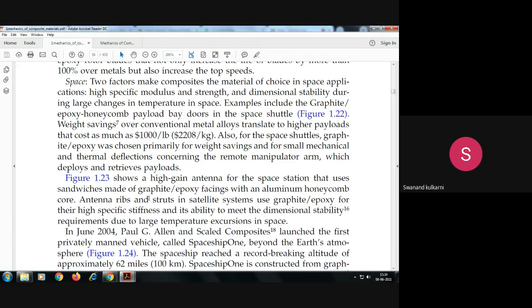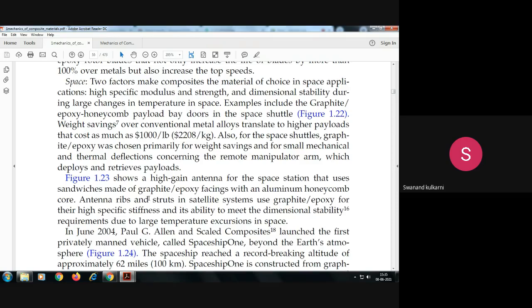Is it okay? Then graphite epoxy honeycomb, these are also some of the types of composites. In honeycomb structure, reinforcement is in honeycomb shape, and then top and bottom plates of metals are given. The weight saving over conventional metal alloys translates to higher payloads.